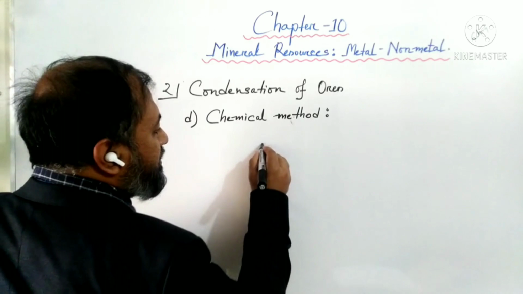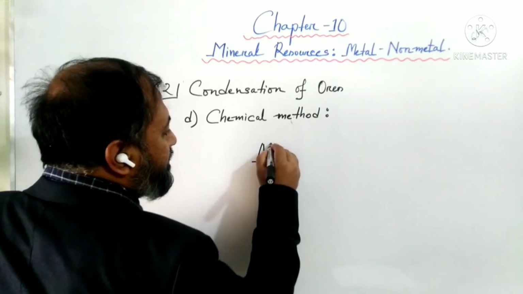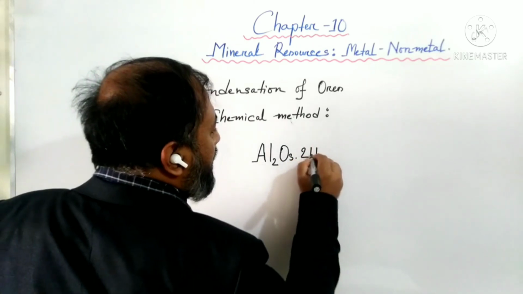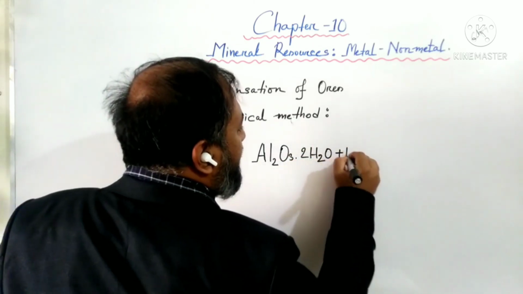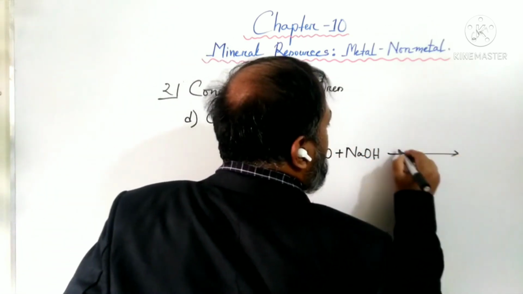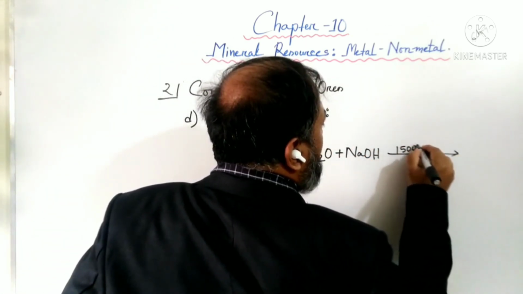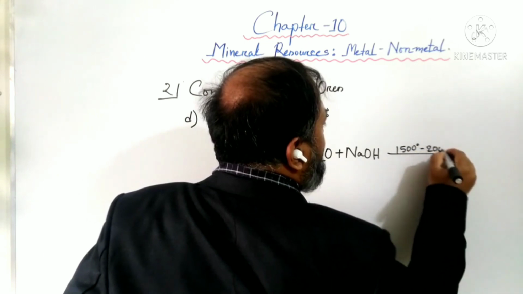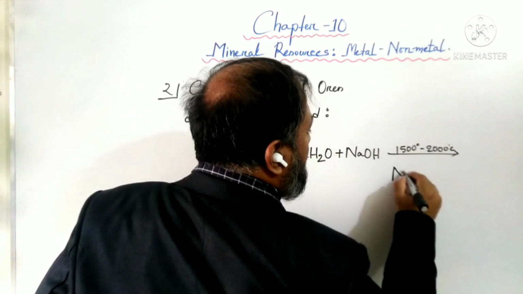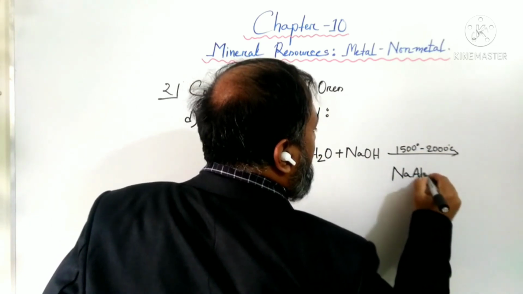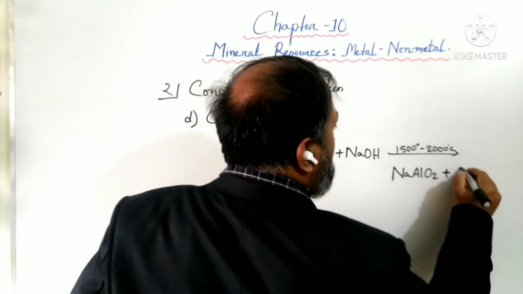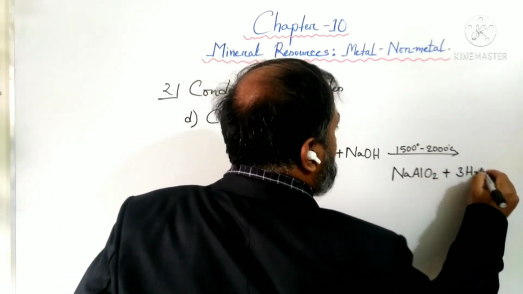Now in this process, bauxite reacts with sodium hydroxide at 1500 to 2000 degrees Celsius temperature, and it will produce sodium aluminate plus water molecule.